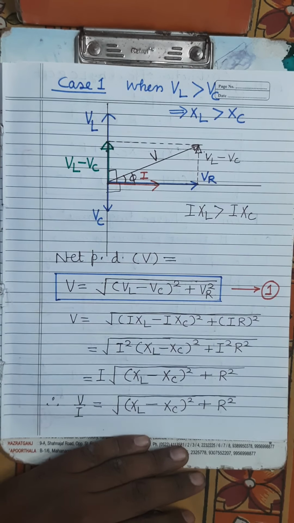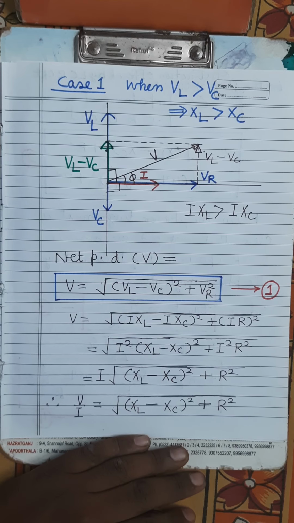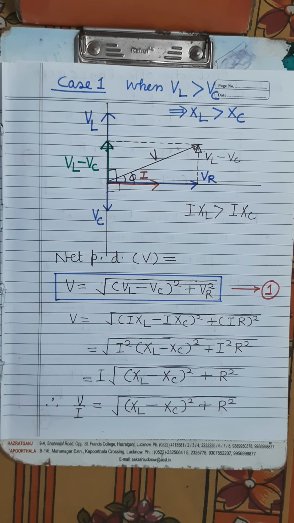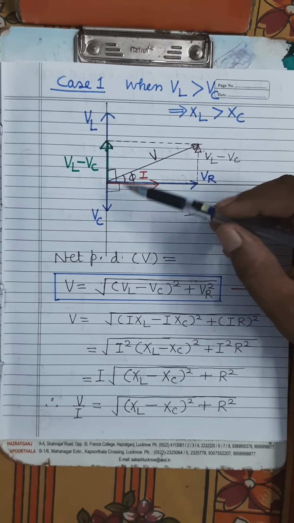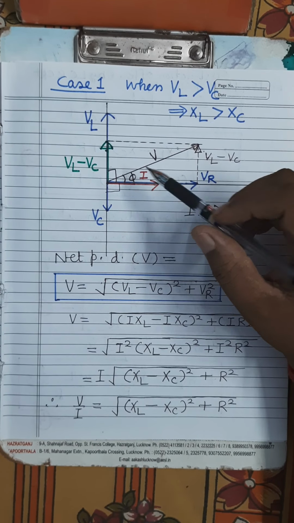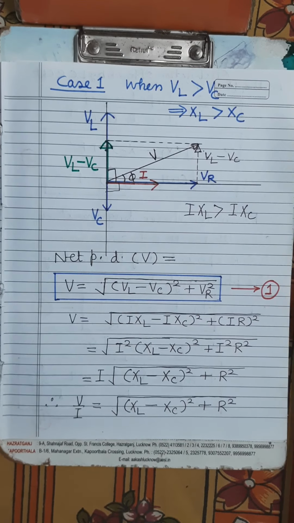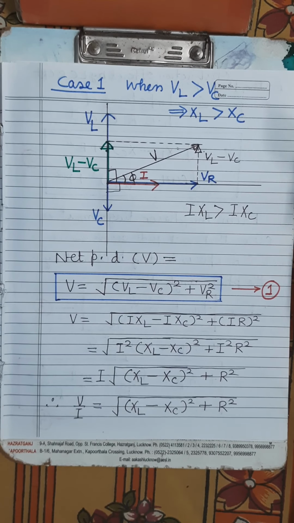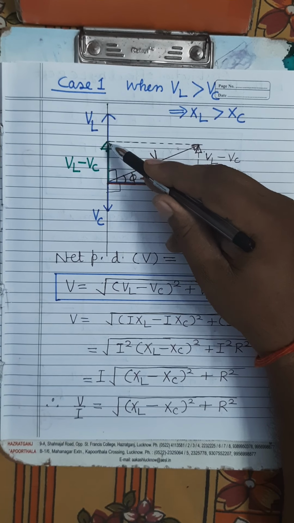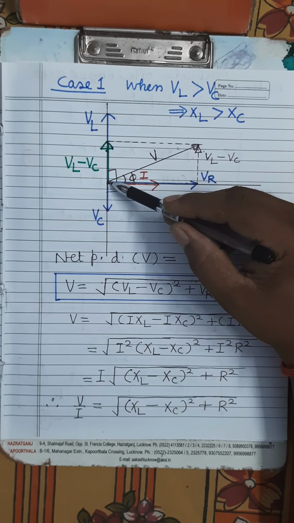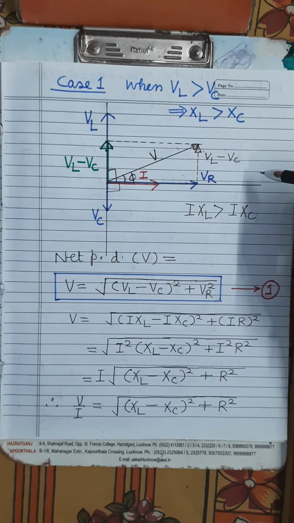I you can cancel, so XL is greater than XC. When VL is greater than VC, the resultant of VL and VC will be VL minus VC in the direction of VL. I have represented it by this phasor.